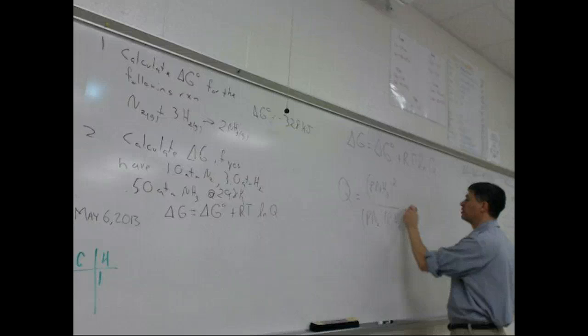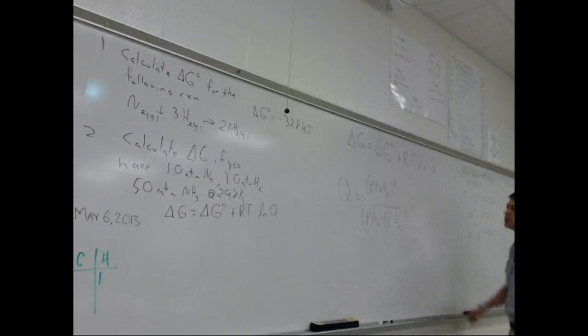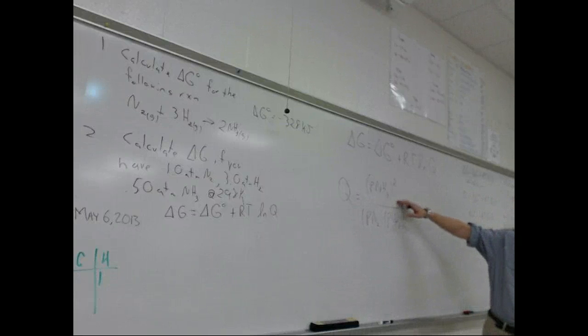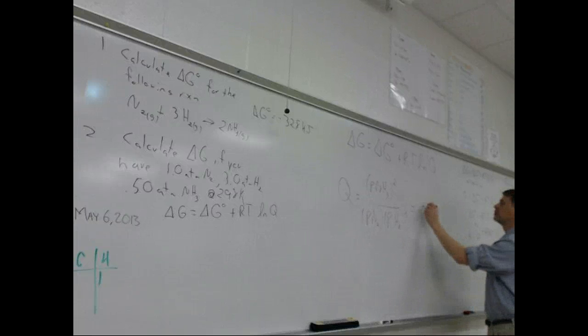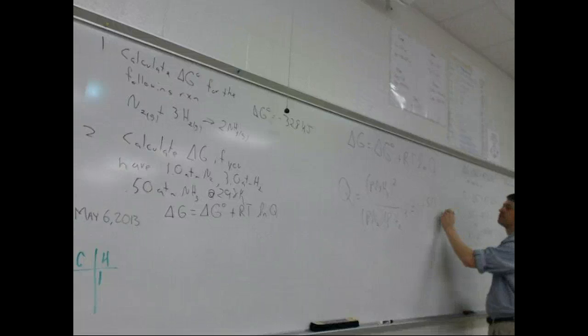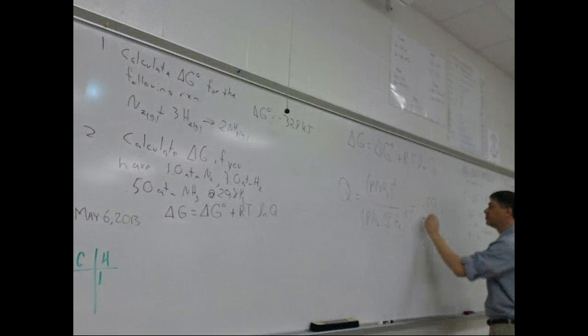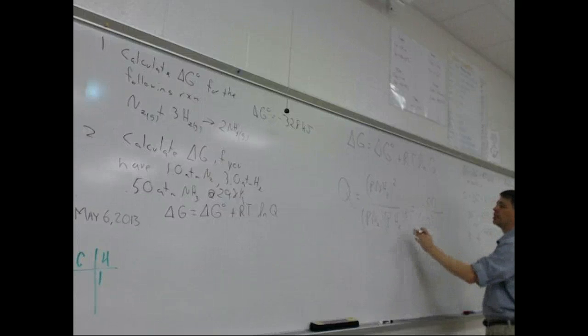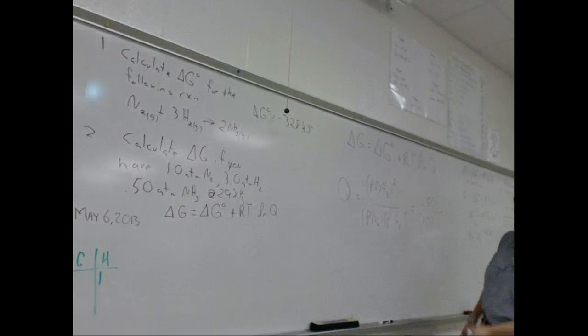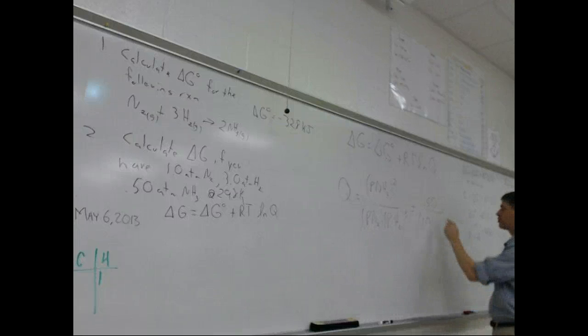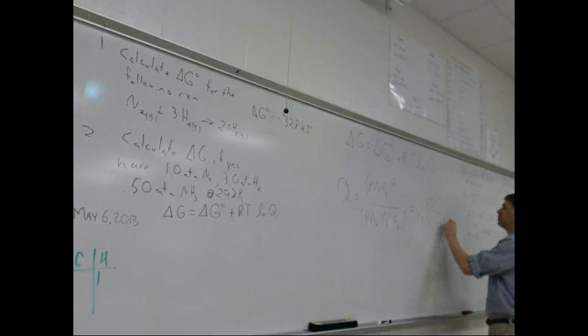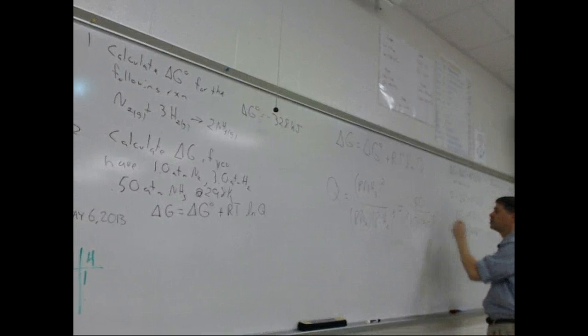So the partial pressure of the ammonia is 0.5, over the N2 which was 1, and the H2 is 3 cubed.